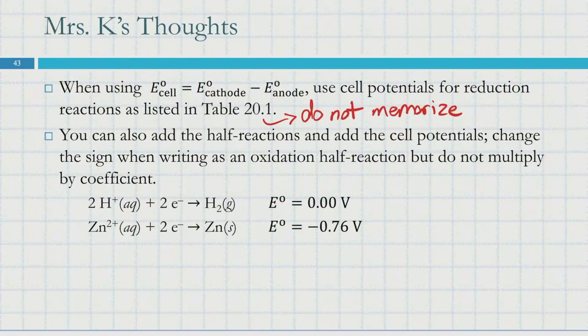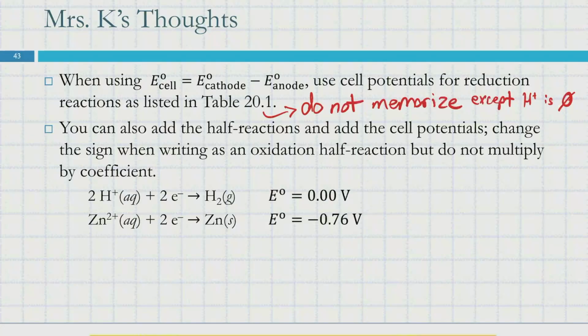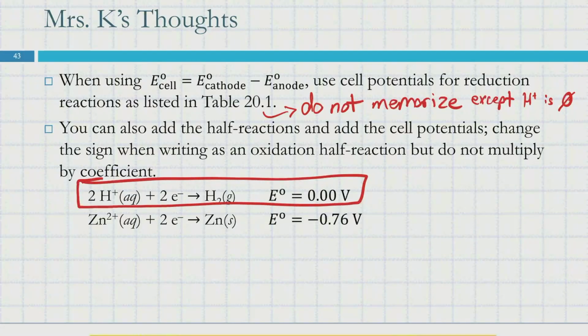That's the only one that you need to know. So the hydrogen is 0. That'll always fall in the middle on a full table. Otherwise, you'll just be given these.